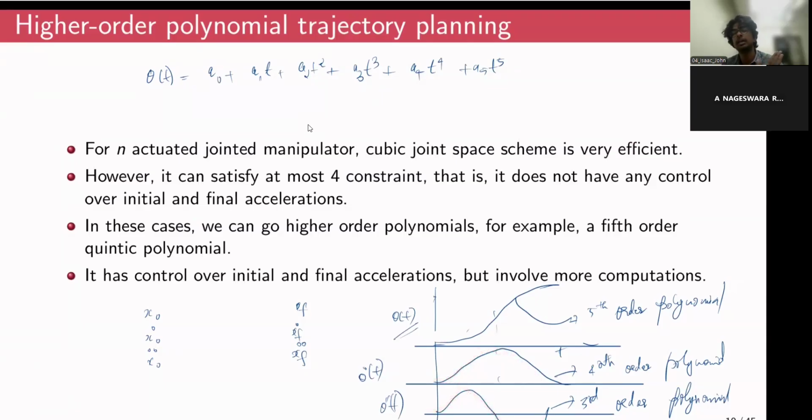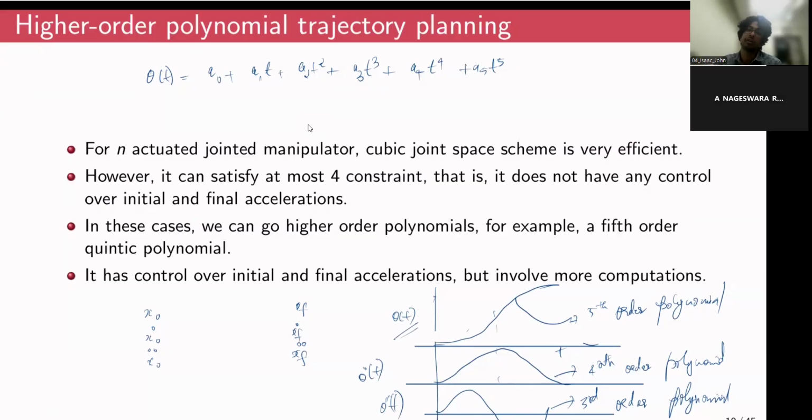Earlier, it was linear throughout the time frame, except at the beginning and end, where it would suddenly jump to a finite value. But here, with the quintic polynomial, even the acceleration is very smooth. There is no sudden jump at the initial time.